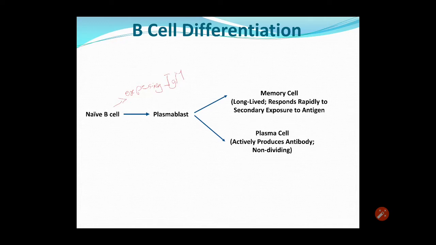Then with the help of the follicular T helper cell, it develops into a plasma cell and into a memory cell. Plasmablasts are dividing? Yeah. So they're just expanding in numbers just to make lots and lots of antibody.